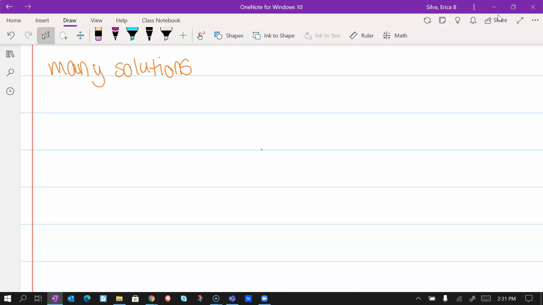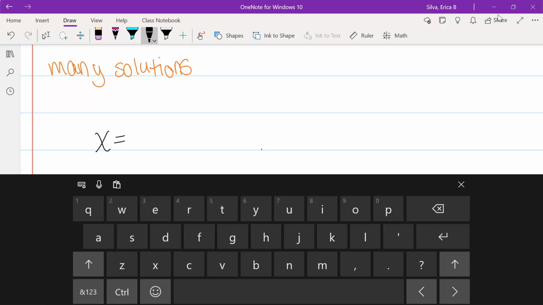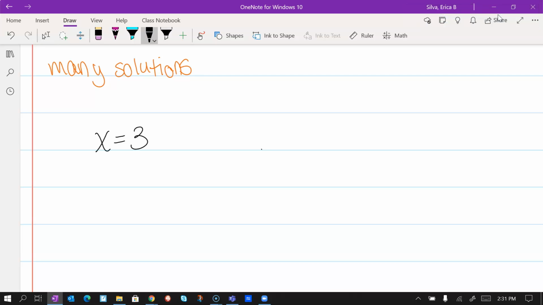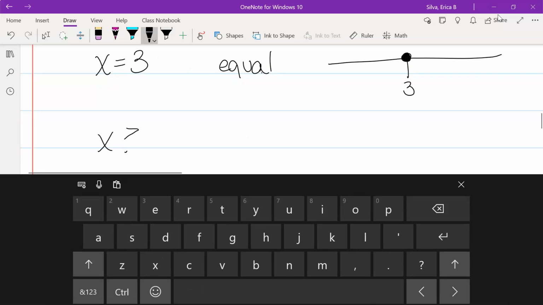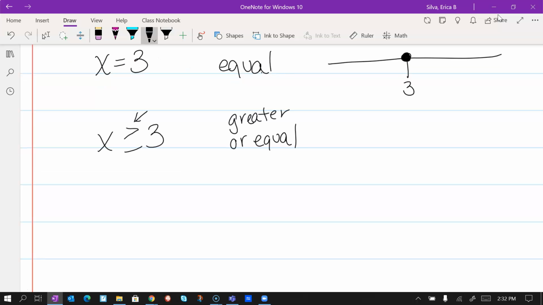All right, so first we're going to graph x is equal to 3. So when we have x is equal to 3, that means we have 3 on a number line, and then we put a point to represent 3. When we have x is greater or equal to 3, this is my greater sign.